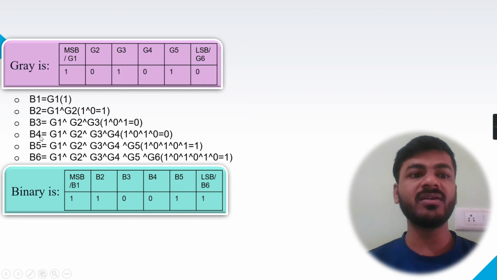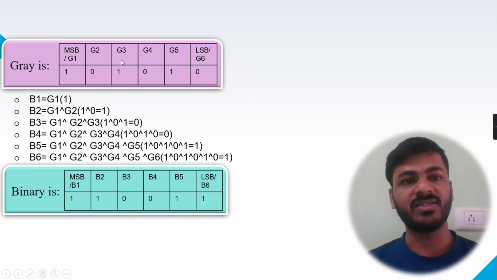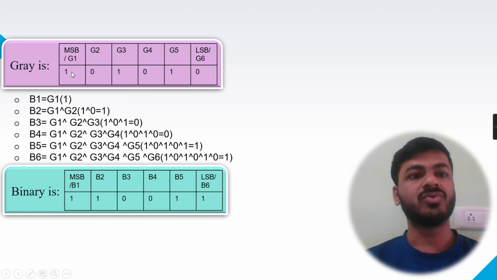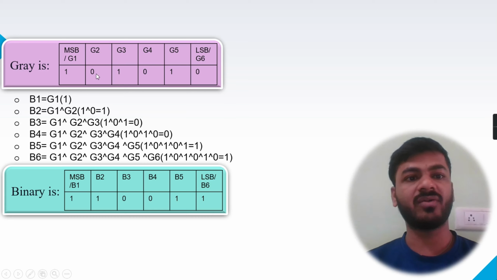Now B4 is calculated with an XOR operation of G1 XOR G2 XOR G3 XOR G4. So 1 XOR 0, the output is 1. Now again 1 XOR 1, the output is 0. Then 0 XOR 0, the output is 0. So here you can see B4 is 0.